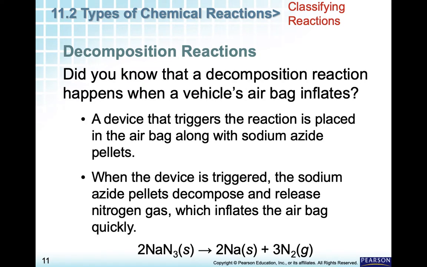If you've ever been in an automobile accident where the airbag deploys, you have experienced firsthand a decomposition reaction, and that is sodium azide pellets decomposing to give us nitrogen gas and sodium metal. And you'll notice that nitrogen gas is what inflates the airbag.